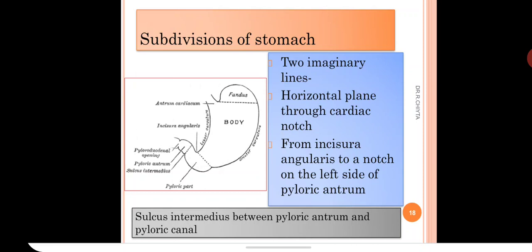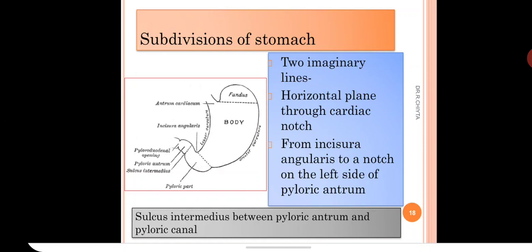The fundus is the part of the stomach above a horizontal plane passing through the cardiac notch. Body is separated from the pyloric part by an imaginary plane extending from the incisura angularis to the notch on the left side of the pyloric antrum.